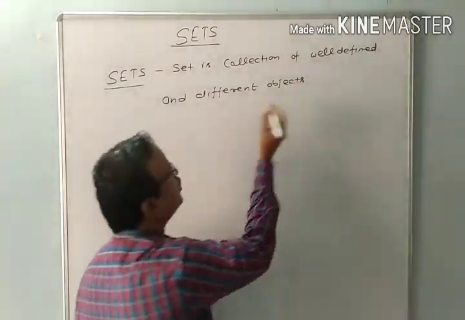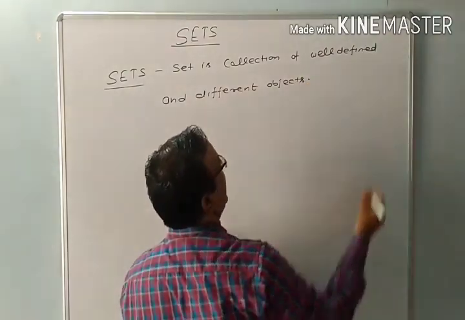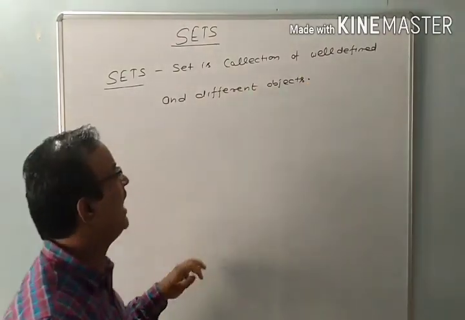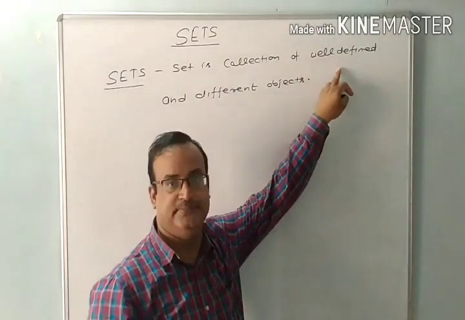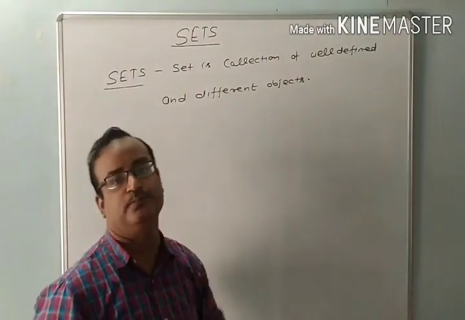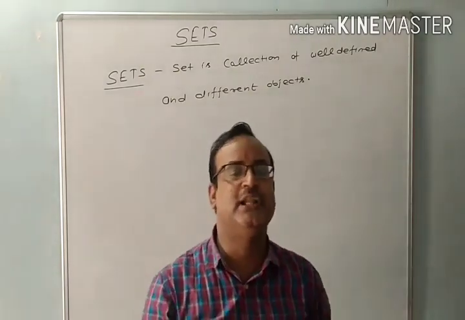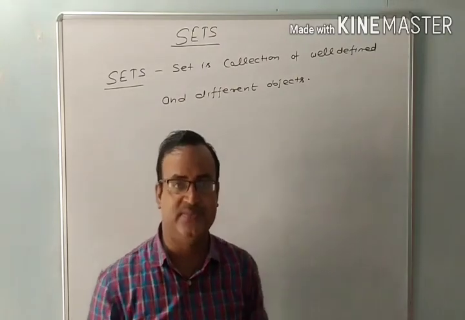Well-defined and different, these two words are very important. That means every element, every object should be well-defined for the set, and different also. If we take identical objects, then this is not a set, it's only a collection.